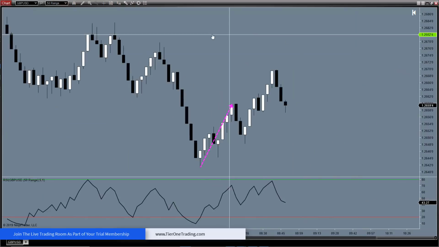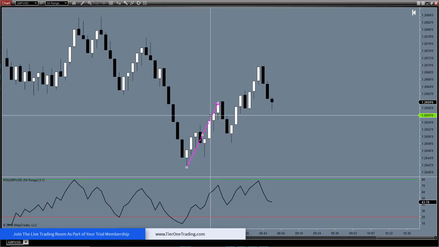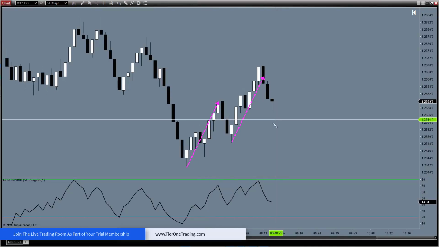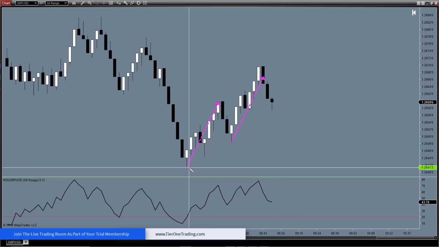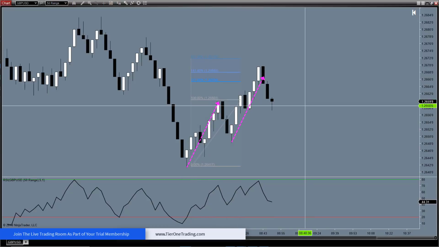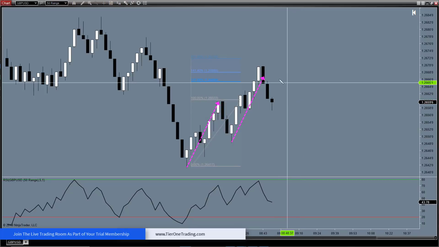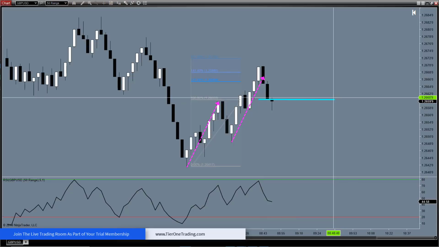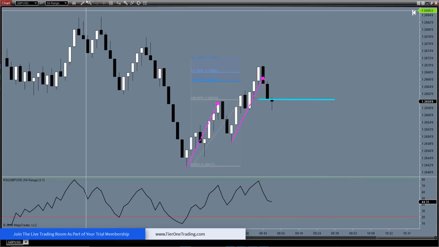And there we go. Here's your complex pullback, again a copy and paste AB equals CD move. You guys want some Fibonacci confluence, we're going to have a fib up there as well. And we got our lower low, lower close. So entered at market after the lower low, lower close, looking to get short, or am short.